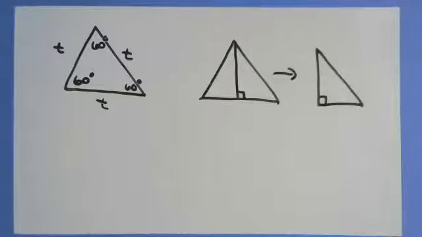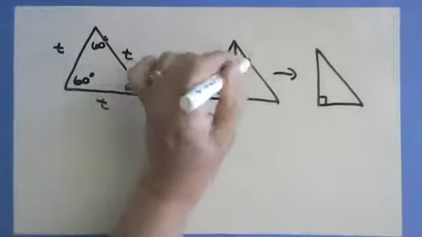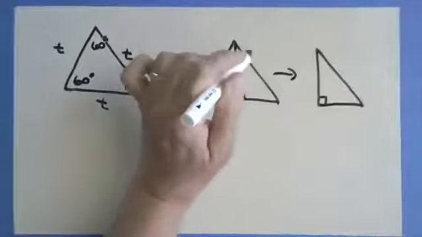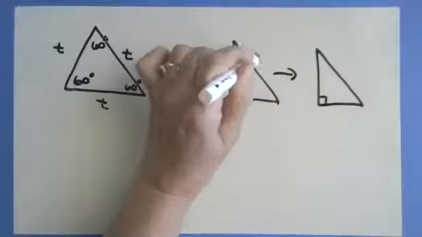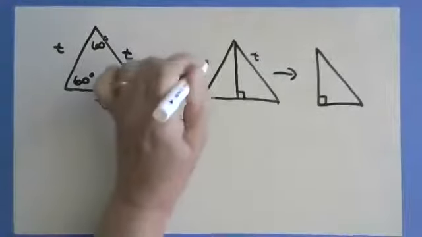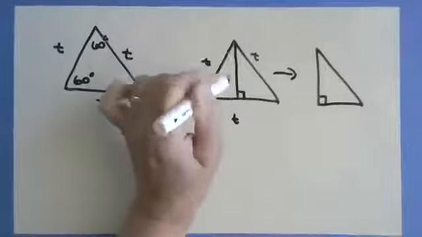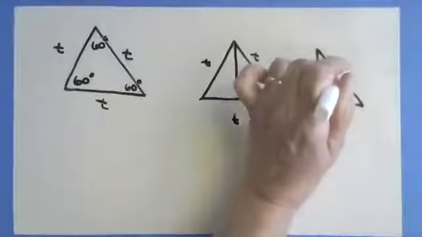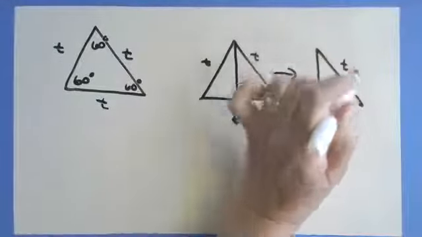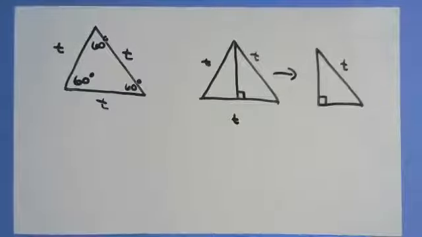The first thing that we notice is that when we drew this equilateral triangle, that side length was T, and that was T, and this was T. So when we extract our right triangle, we know that that hypotenuse is length T.